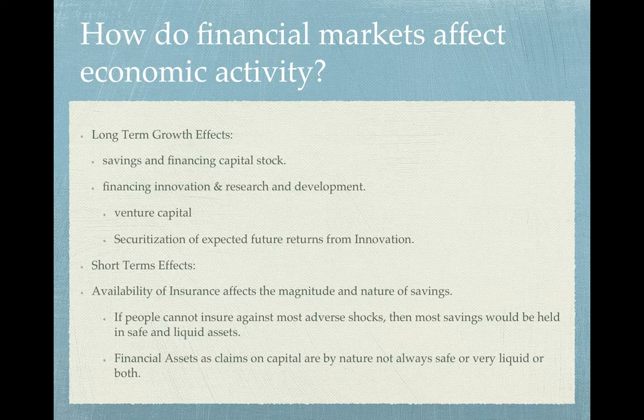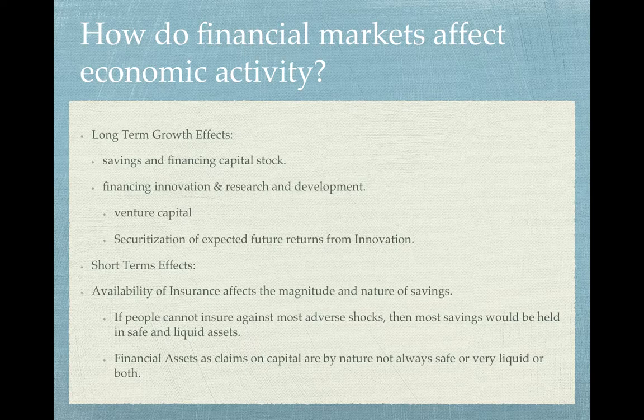What are the short term effects? Under the short term effects, one of the most important things about financial markets is the ability of economic agents to hedge against consumption risk using different financial securities in the financial markets.